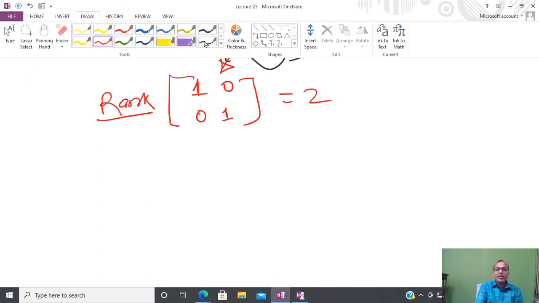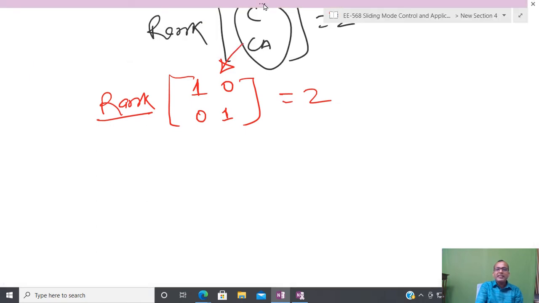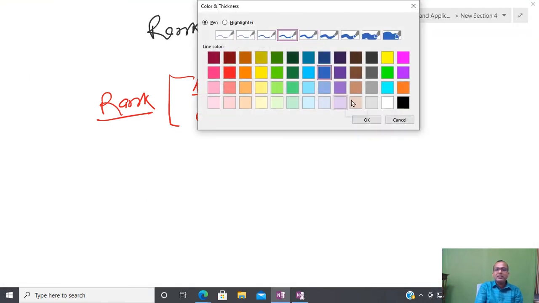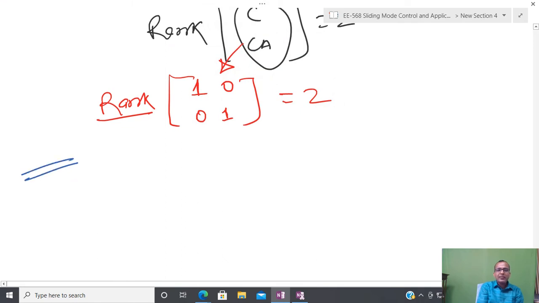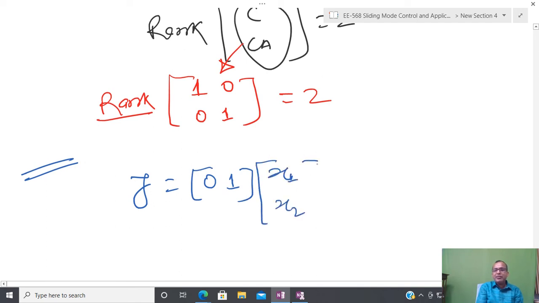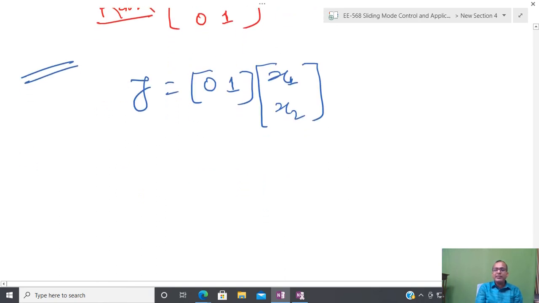Now try to relook at the problem when I have just information about the velocity. In this particular case, you can see that I have y, which is nothing but 0 1 times x1 x2. So now I am assuming that I have information of velocity. And again I am going to do the same kind of analysis.